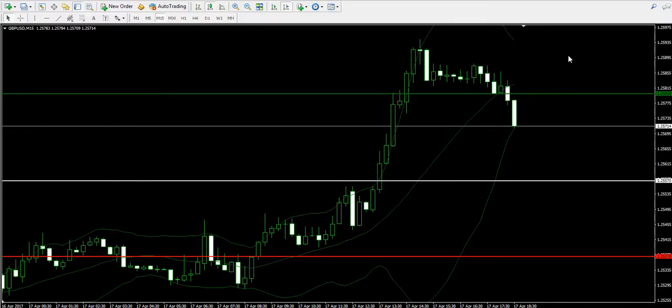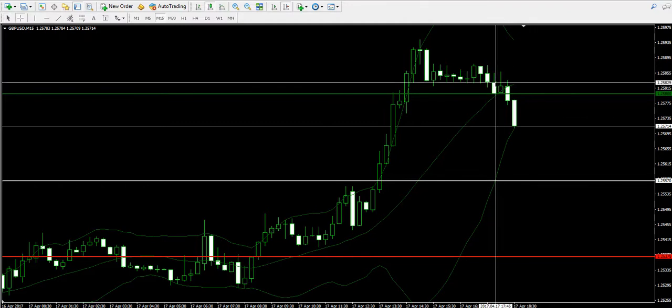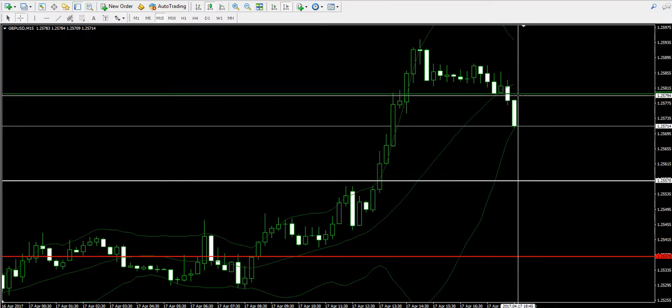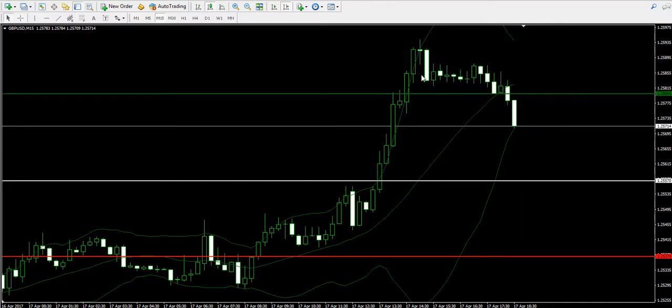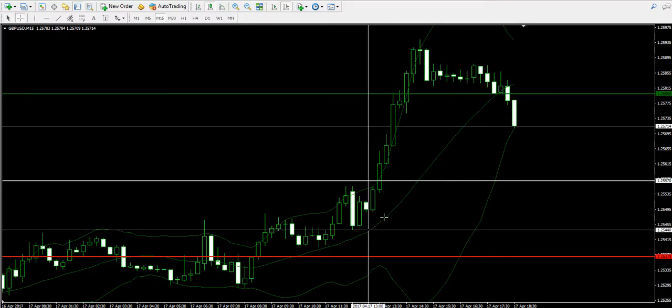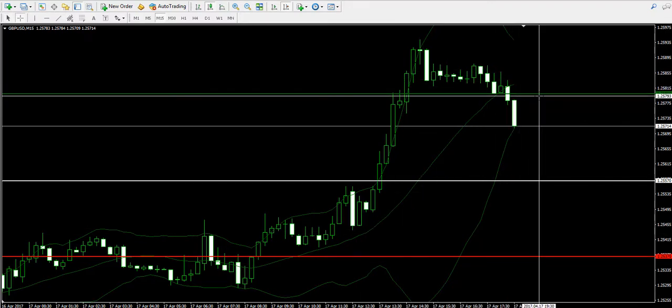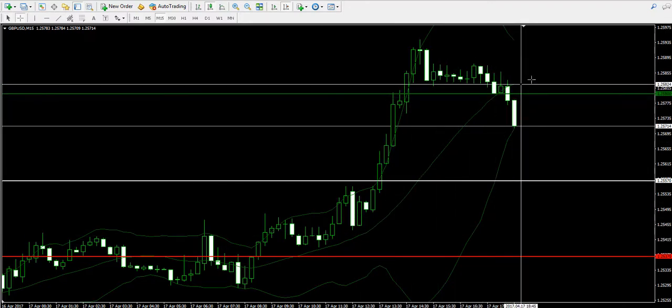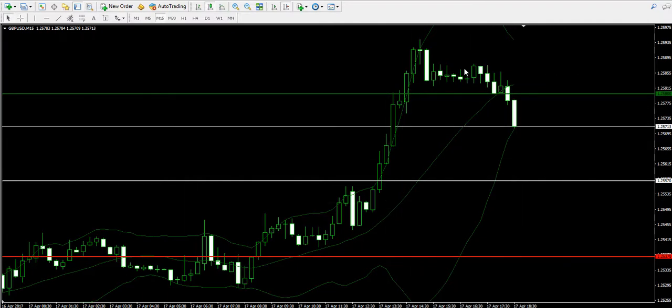Okay guys, I'm back about 5 hours later to show you what happened to this trade. Unfortunately, I didn't manage to shoot when I closed the trade because the price started shooting down real quick, and I closed the trade right when the price crossed the 20 period simple moving average, which is the middle band over here.